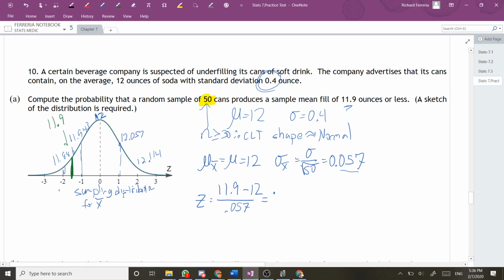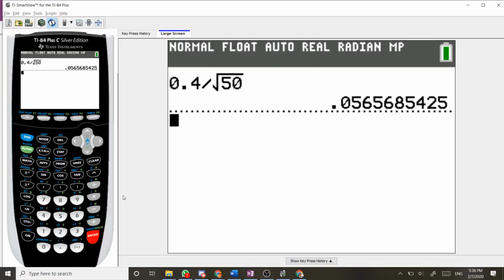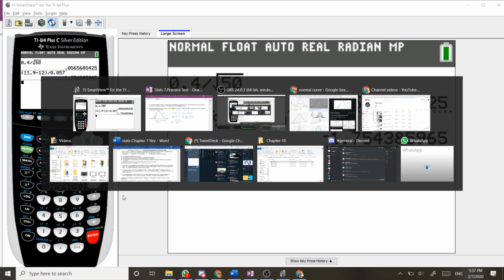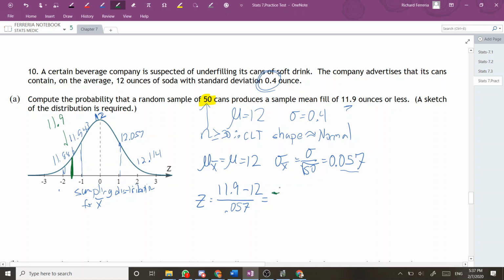Let's get to the calculator. 11.9 minus 12 divided by 0.057 gives -1.754. So yes, we are correct here. Which way do we shade now?